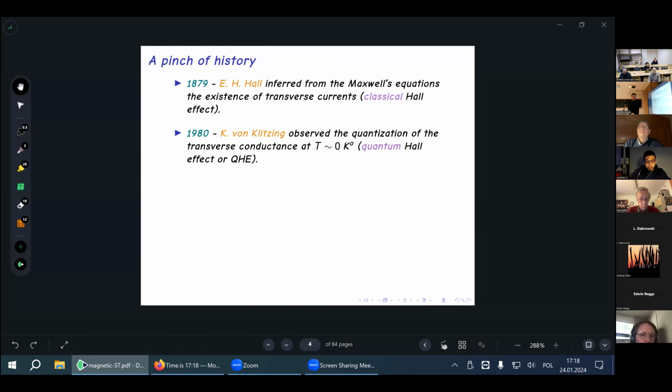In 1980, von Klitzing started measuring this effect in the limit of very small temperature, ideally 0 Kelvin. Why? Because this is the regime in which quantum mechanics, in some sense, dominates classical mechanics. Indeed, he discovered what we now call the quantum Hall effect, which is the quantization of this transverse current.